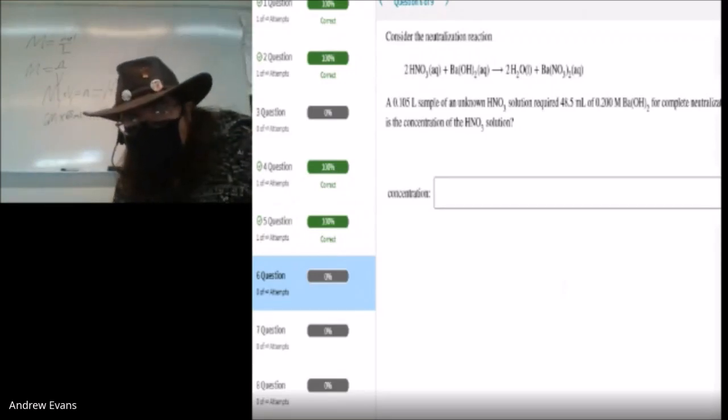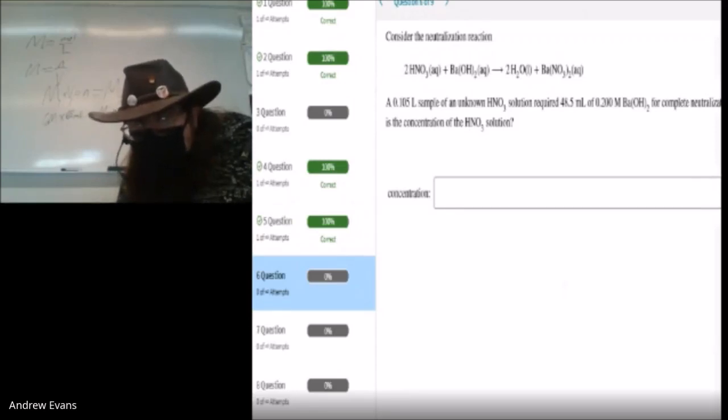If 0.105 liter sample of nitric acid is required to neutralize 48.5 milliliters of 0.2 molar barium hydroxide, what is the concentration of nitric acid? So what do we got to do?